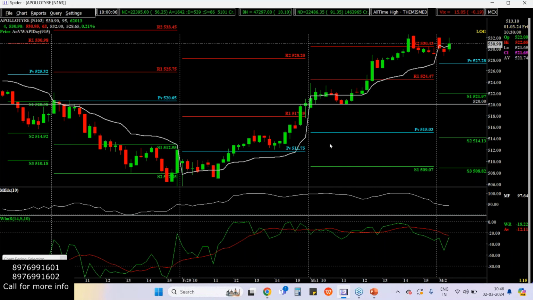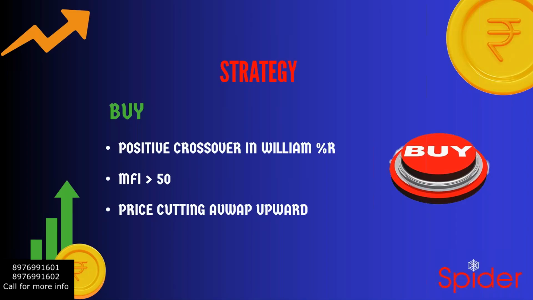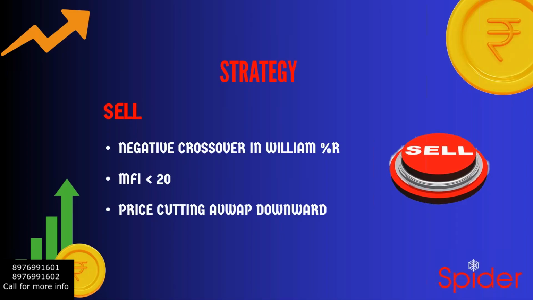Okay, so let's also check out my condition for selling. Like, when will I sell? The sell side strategy would be a negative crossover in Williams %R, my Money Flow Index should be lesser than 20, and my price should cut the anchored VWAP downward. I think this is pretty clear.